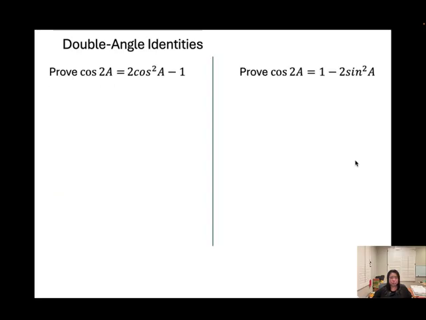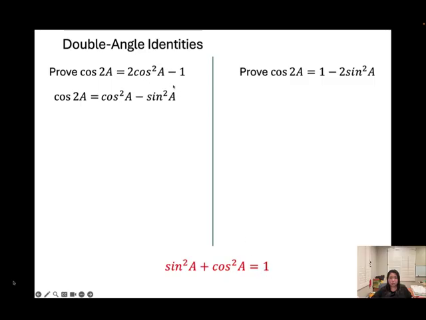And then cosine 2A, we do have three formulas. We only proved one of them. So for the second one, since we already proved this is true, we're going to start from here. And then remember this identity, sine squared A plus cosine squared A equals 1.